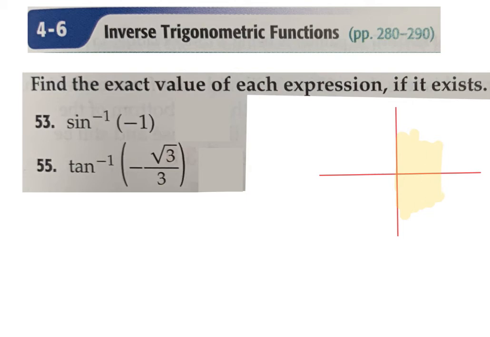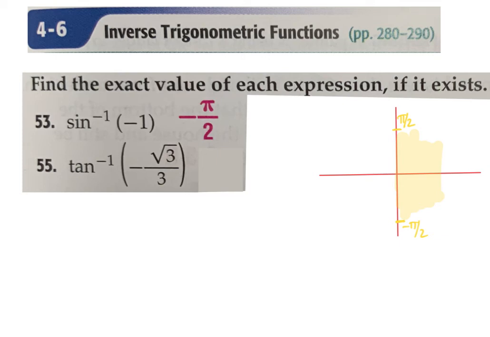So for sine, we're actually going to use from negative pi over 2 to pi over 2. So if I were answering this question considering that, I would not say 270. I would say negative pi over 2, right? Does that make sense? Doing these, you've got to consider the range and domain that it's given you for that particular function, all right?